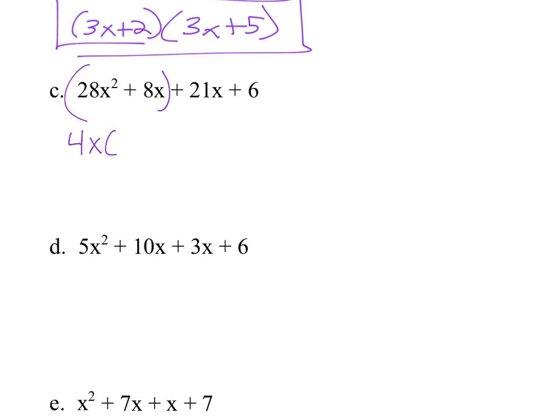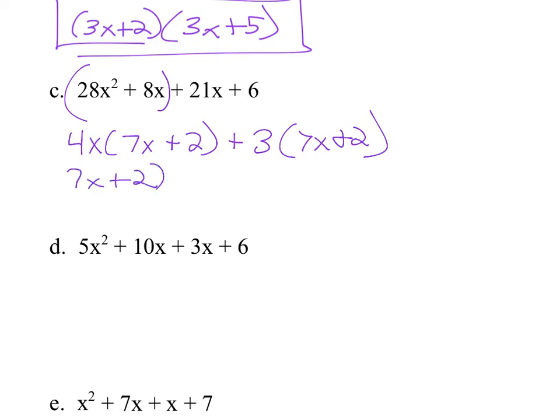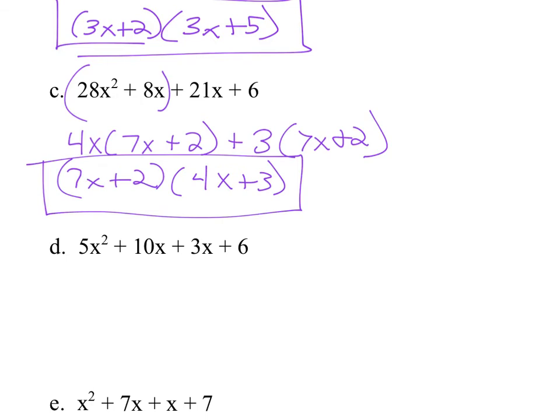So now I have 7x plus 2. If I pull out a 3, I have 7x plus 2. All right, so now I can pull out the 7x plus 2, and I'm left behind a 4x plus 3. And again, that's my factored form.